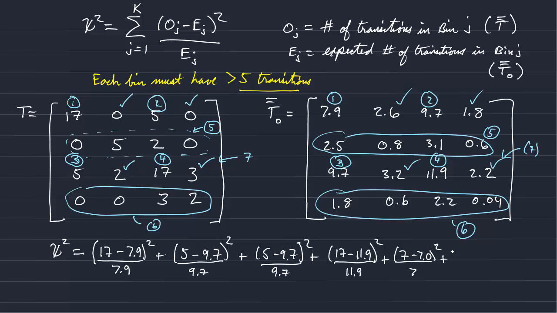For the sixth bin, we have the sum of the bottom row of T, which is 5, and the bottom row of T0, which happens also to be 5. And then we have one more term, which is the sum of the checked values in each matrix.